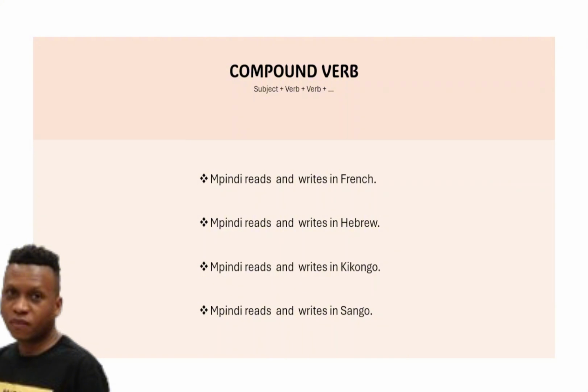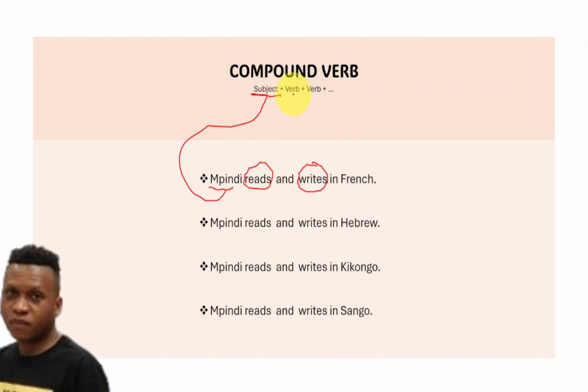Now, when you take a look, we have two verbs. We have read right here. We have write right here. Now, in this case, read, and we have a subject. Now, the subject is Pindi right here.